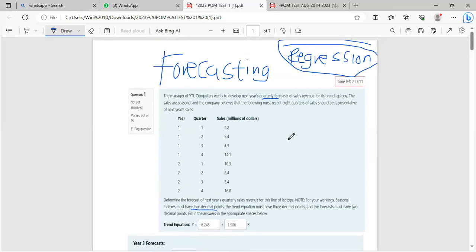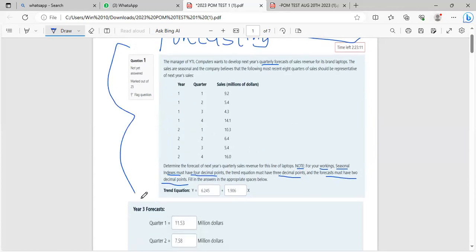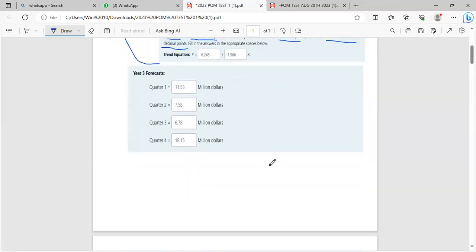So here, we are supposed to do the data deseasonalization. There's a note here where they're saying, note your workings, the seasonal index must have 4 decimal points. The trend equation must have 3 decimal points, and the forecast must have 2 decimal points. So this was the rule of the game, as we are looking at this question, which was focusing on data deseasonalization.